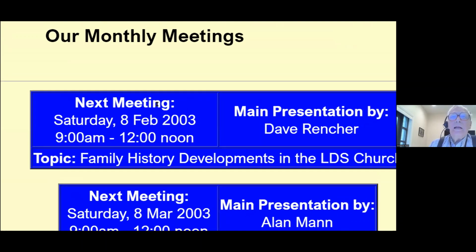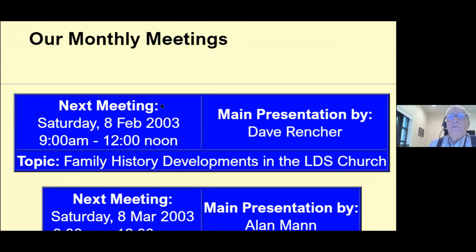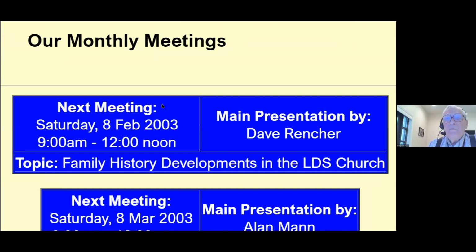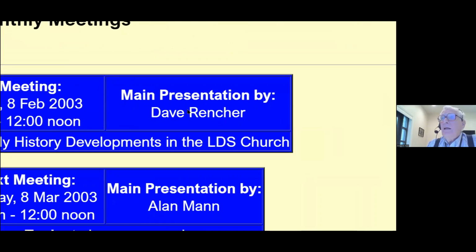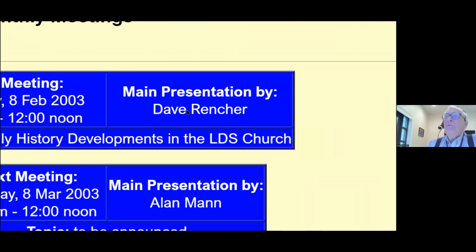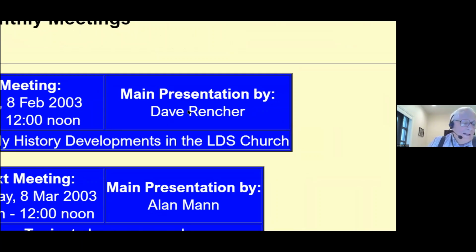Okay. The next meeting will be Saturday. Oh, that was the previous meeting. So February 8th. The main presentation was going to be by Dave Rancher, he's still the chief. He's now the chief genealogical officer for the church.